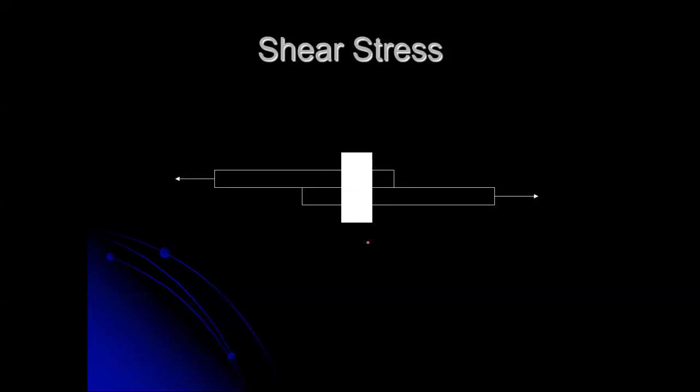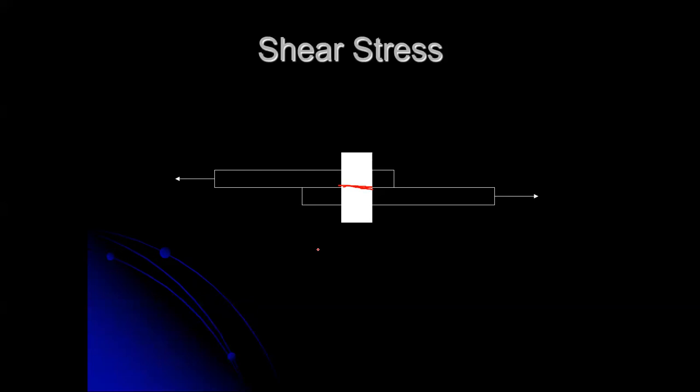Go back to that idea of what it would look like if it broke. If you pulled on this hard enough to break it, what would happen is this would shear through the middle of this bolt. The diameter of that bolt and the area of the circle that that bolt or that pin is comprised of, that's what's fighting the shear stress.